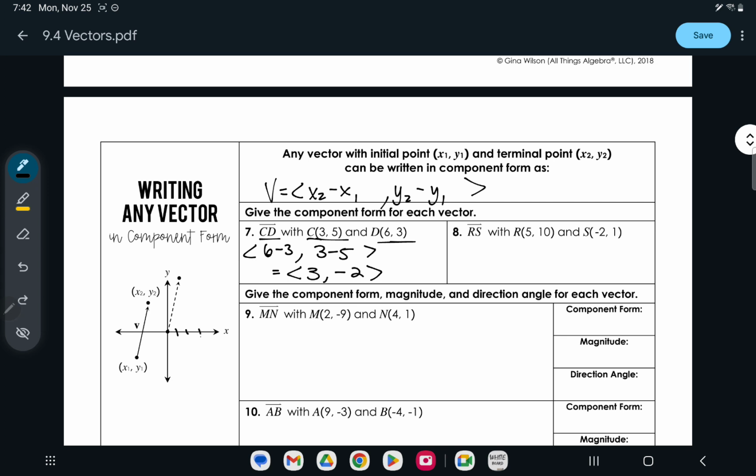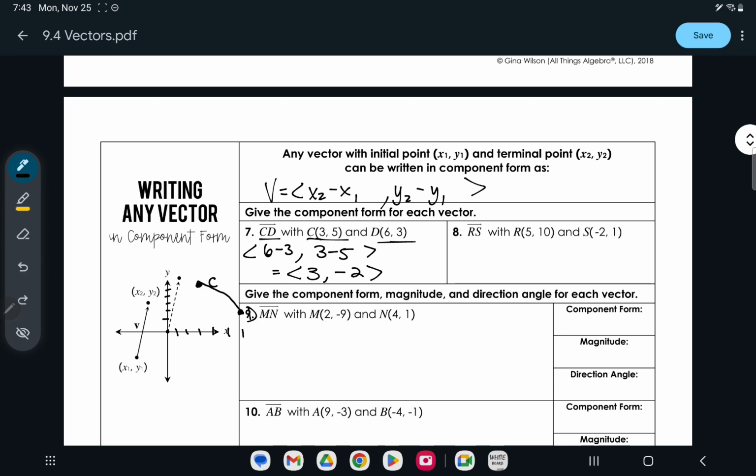I wonder, can we graph that? What would that look like? 1, 2, 3. 1, 2, 3, 4, 5. And D is 6, 3. 3, 4, 5, 6. 1, 2, 3. D. Oh, hang on.